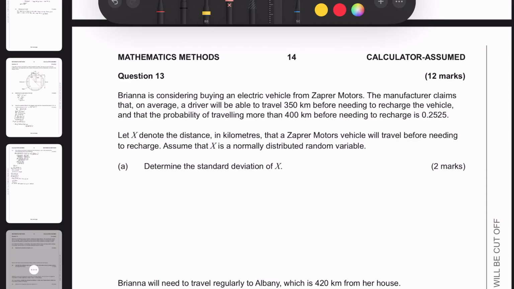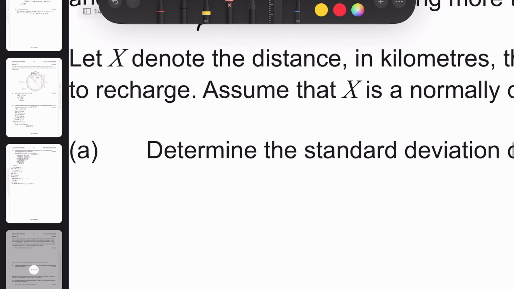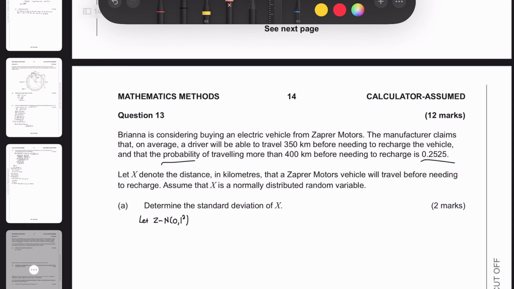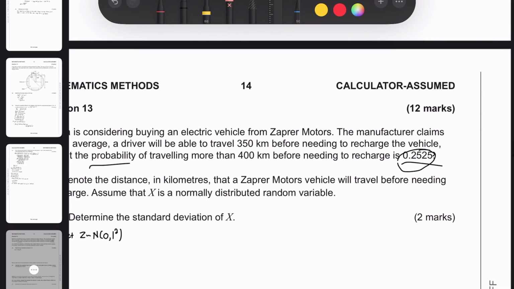Okay, so we know that the probability of this is 0.2525. So let's have z be a normal distribution of 0, 1 squared. What we're going to do is find the corresponding z value for a probability of 0.2525.